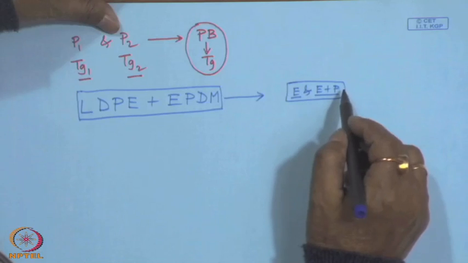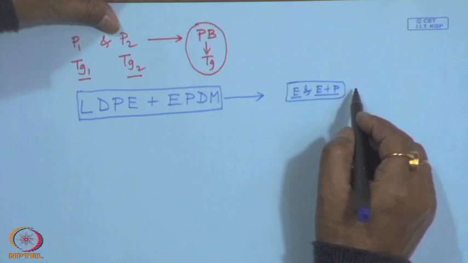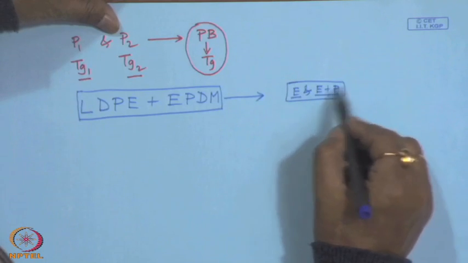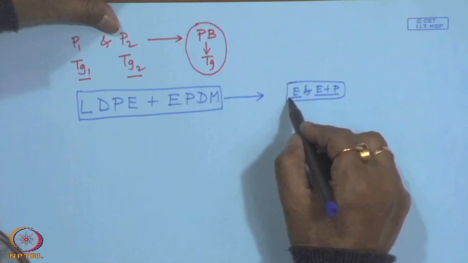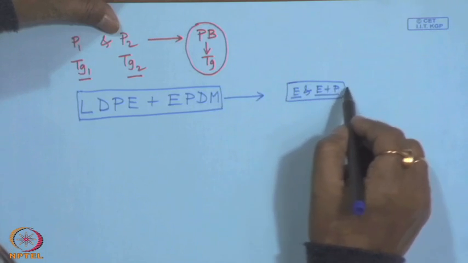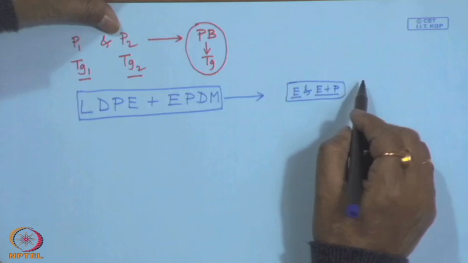and in this case the synergism will be further increased if the EPDM part is partially crystalline. Now, polyethylene is crystalline. Ethylene propylene is amorphous, that is why it is a rubber.